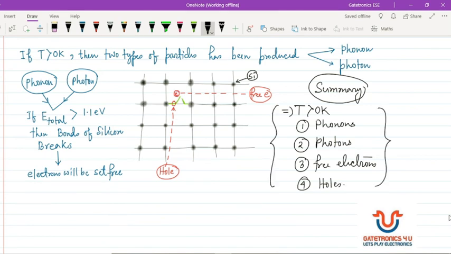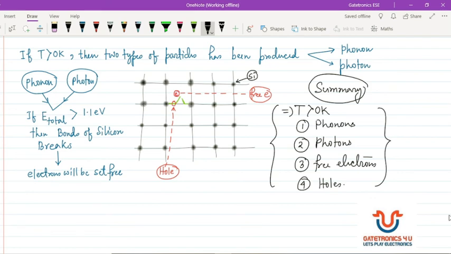So in this way, inside the semiconductor at temperature greater than 0 Kelvin, four types of particles can be produced. And these free electrons that have been produced are not attached to a single atom. They can move about anywhere inside the crystal but cannot go outside the crystal.